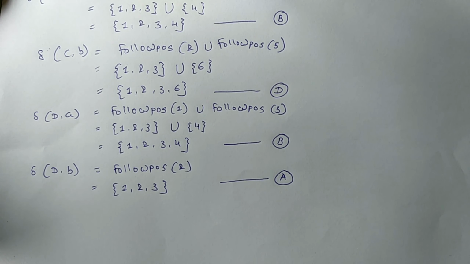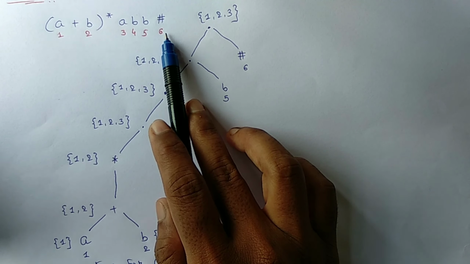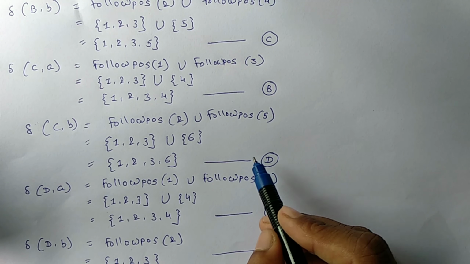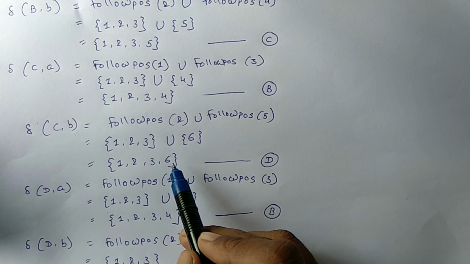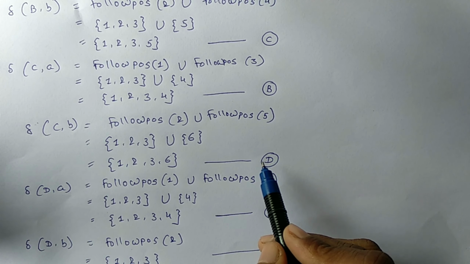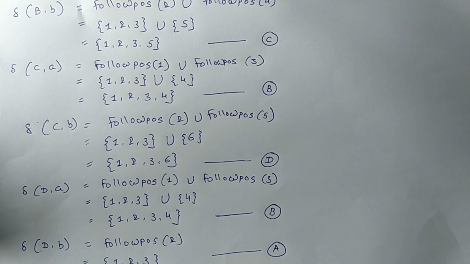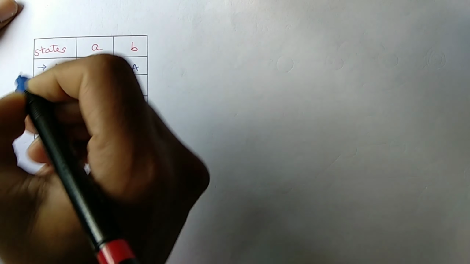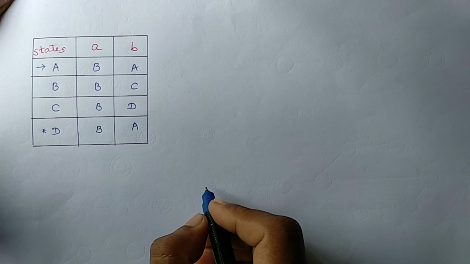In this expression, this one is your final state. So in the DFA, D is your final state because position 6 is available in state D. So this is your initial state and this is your final state.